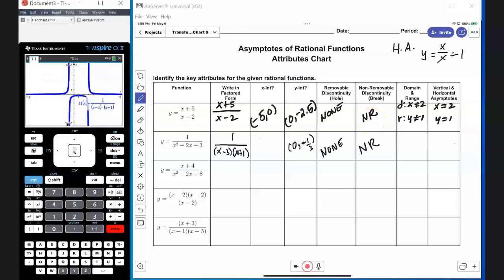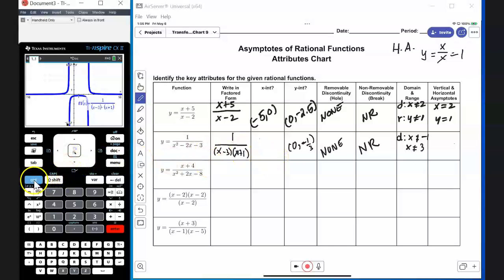Can somebody tell me what's the domain? All numbers except what numbers? No, 0 can be there. Yes, one of them is negative 1. All numbers except for negative 1 and 3. Why negative 1 and 3?